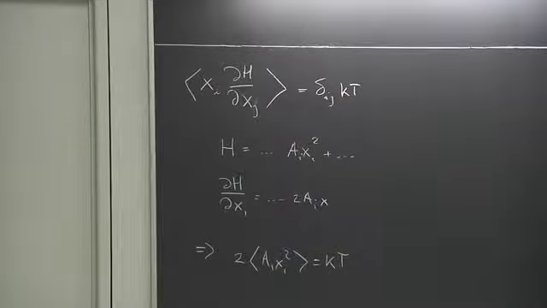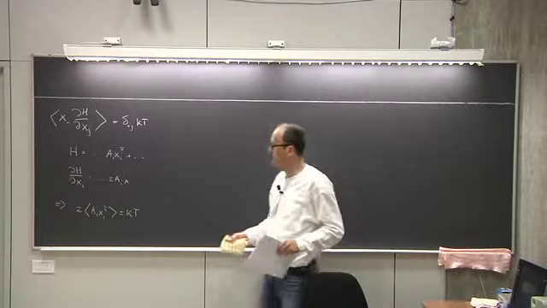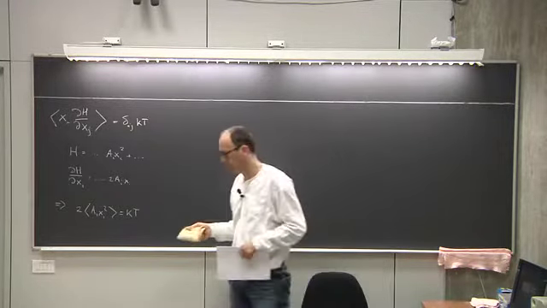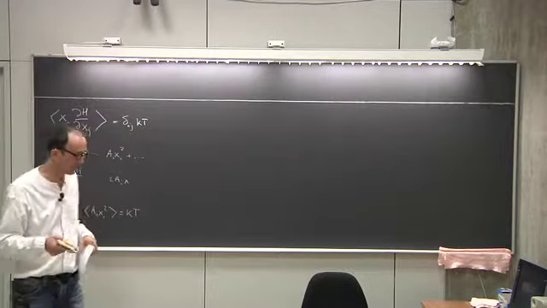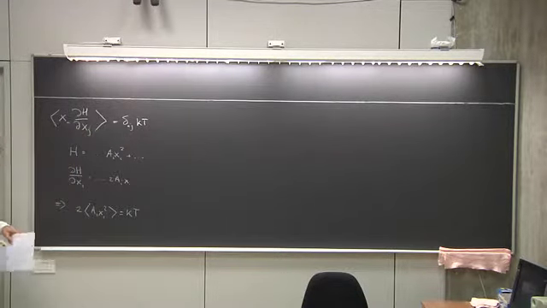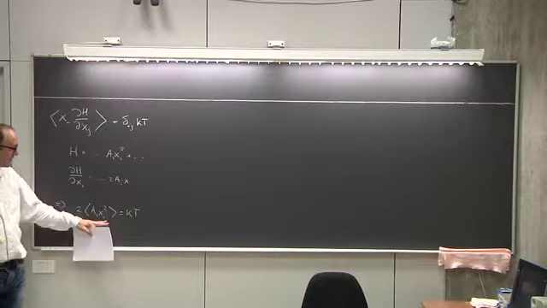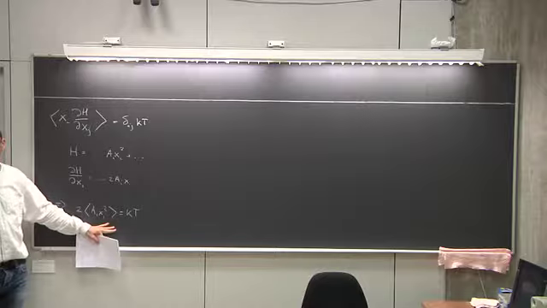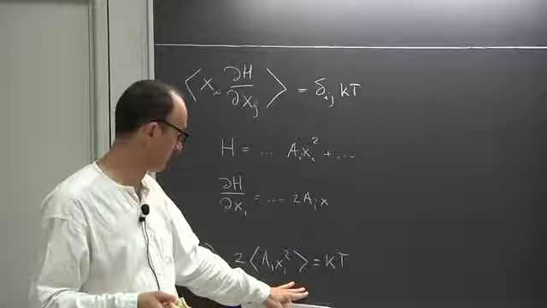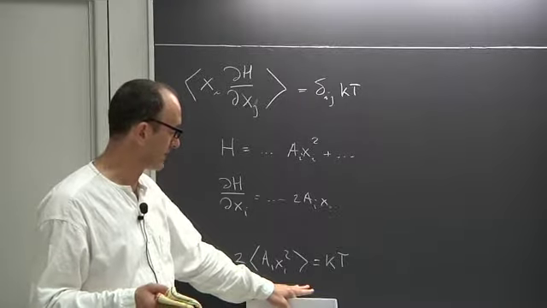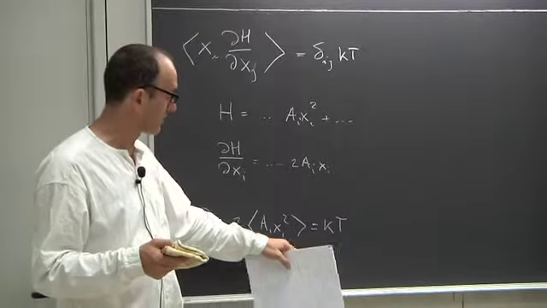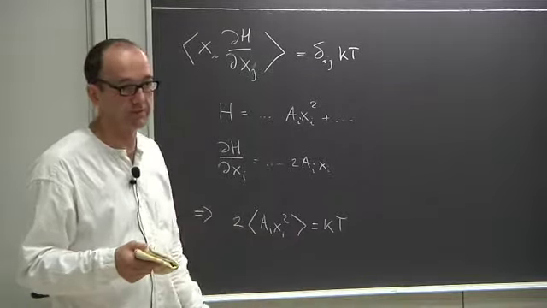So in order to understand the limitation of this result, in particular this result will tell you that the specific heat is constant even at low temperature, which, as we will see, is not reasonable. But in order to understand this, let's do a particular example.